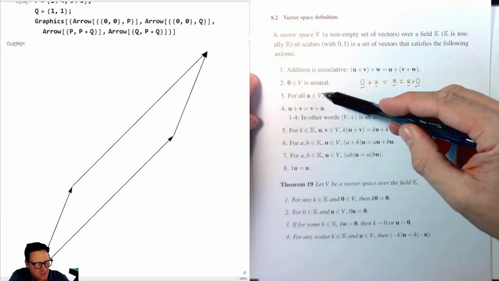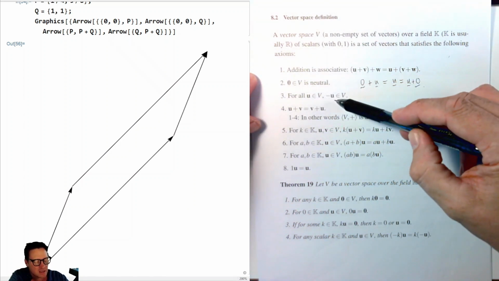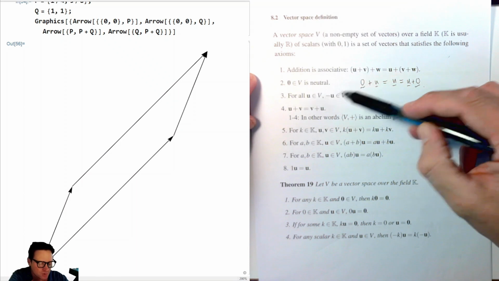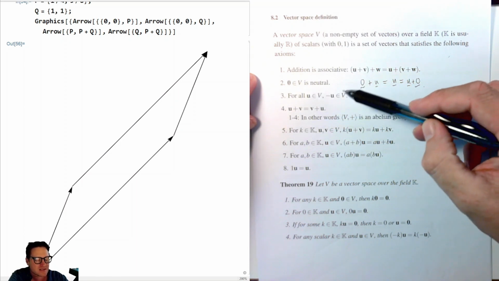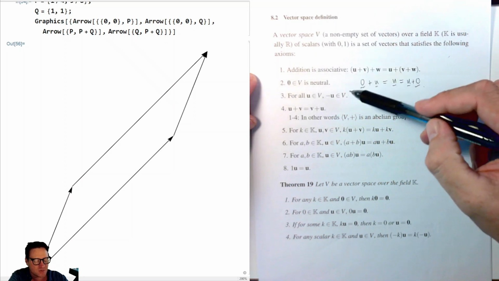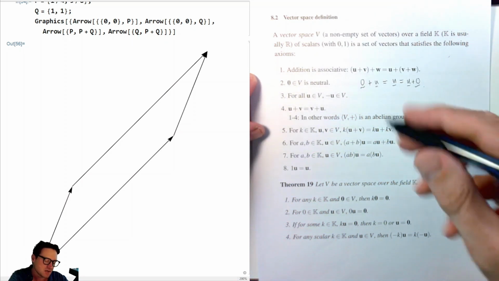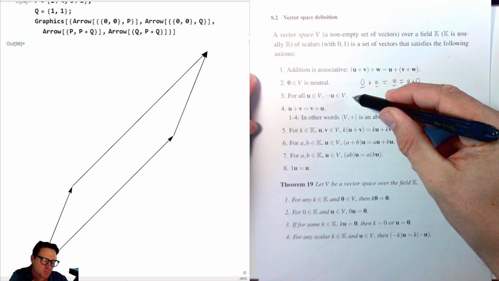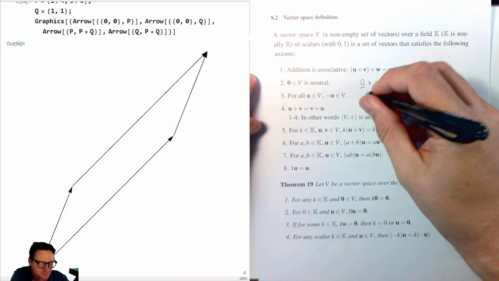For all u in V, there is an element minus u also in V, such that u plus minus u is the 0 vector. So this one is perhaps a little too brief the way it's written.